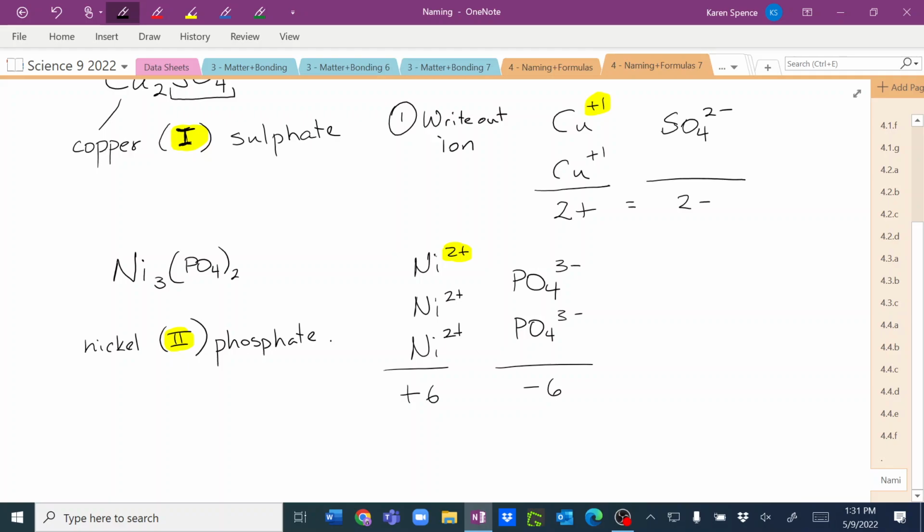Anytime you have a metal, yes, metal, metal, metal, then you need no prefixes at all. Just for the metals or both of them? Both of them. Ooh. Okay?